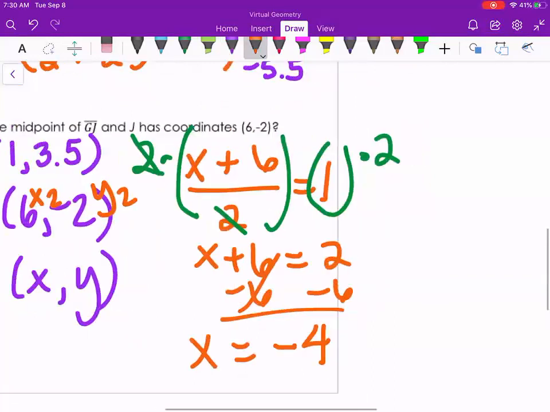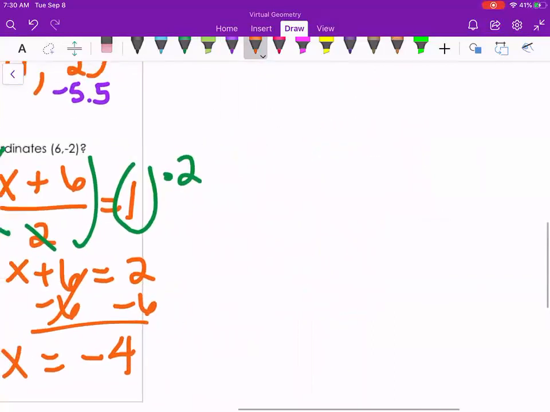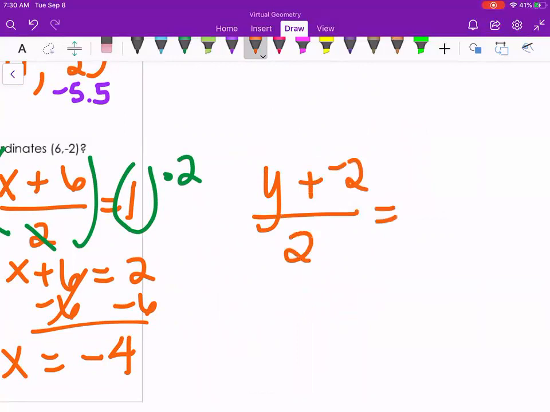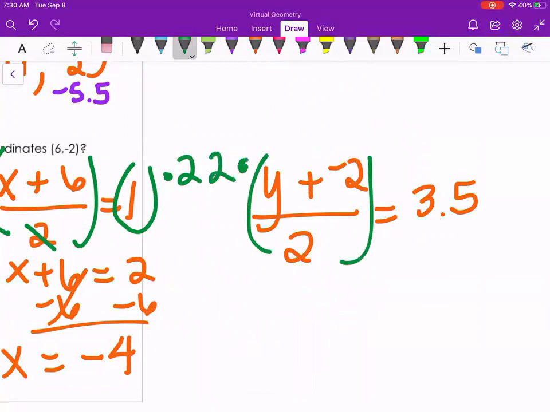Let's do the same thing to the y's. So y plus our -2 divided by 2 is supposed to give us the 3.5. Okay, like before, undo the divide by 2 first. So multiply both pieces by 2. So a times 2 and a divide 2 will cancel out.